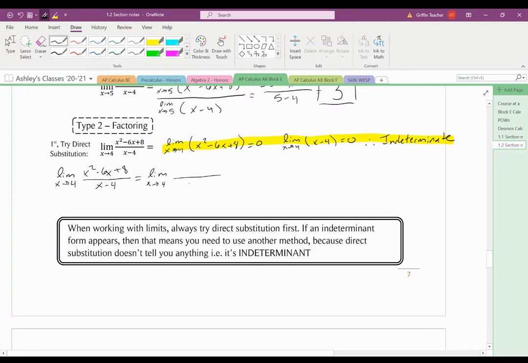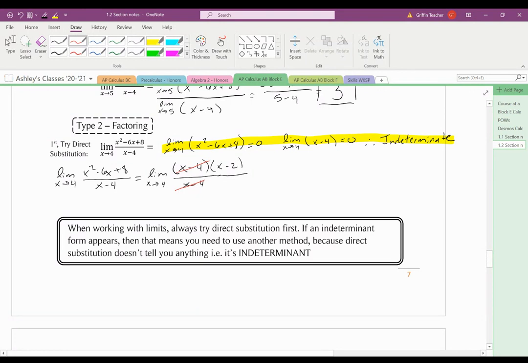We're going to leave our denominator alone because we can't factor that. And then we're going to figure out, what multiplies to 8 and adds to negative 6? So we get 4 and 2. So we get x minus 4 and x minus 2. And then hopefully you can see that the x minus 4 group cancels.